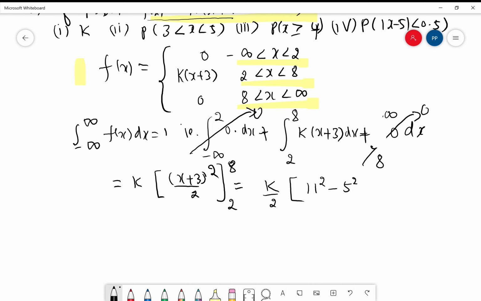5 square. Simplify this. This value must be equal to 1.